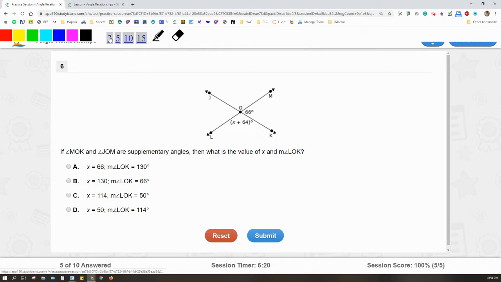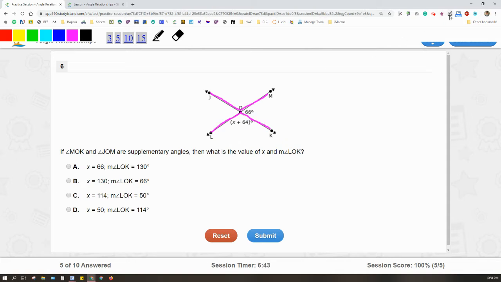If it measures LOK and it tells us it's X plus 64, then this angle, JOM, also has to be X plus 64. They're the same. And it tells us that it's supplementary, so X plus 64 plus 66 is 180.